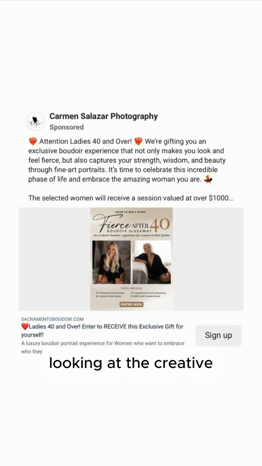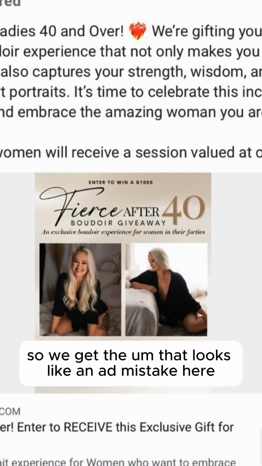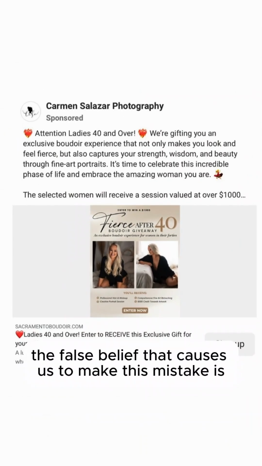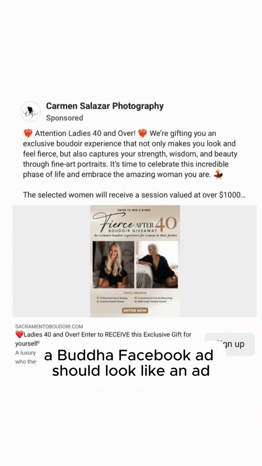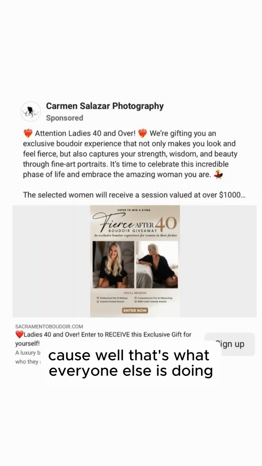Next, looking at the creative. All right, so we get the looks like an ad mistake here. The false belief that caused us to make this mistake is we actually believe a boudoir Facebook ad should look like an ad, because that's what everyone else is doing.